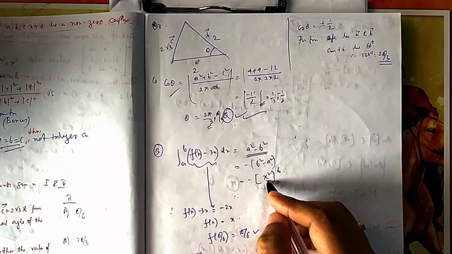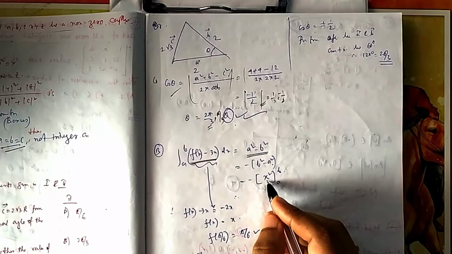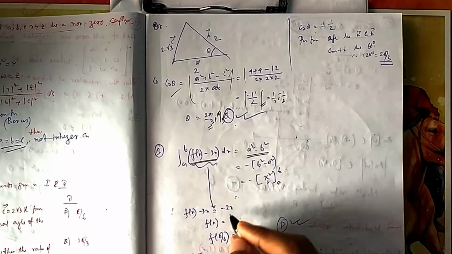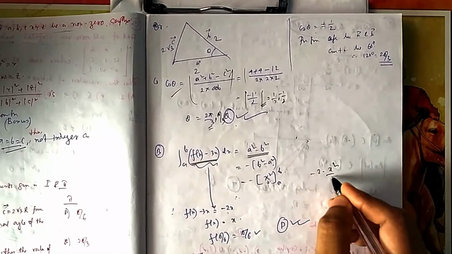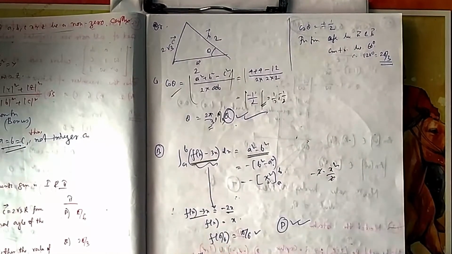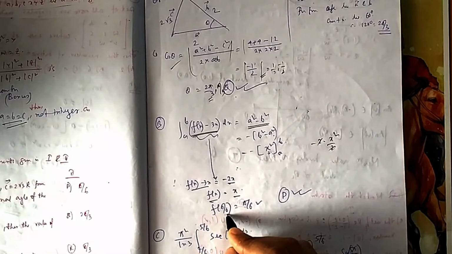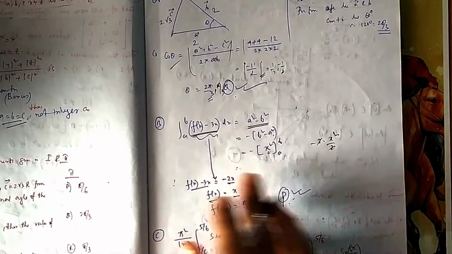So if it is your original function, then which integration is this one, minus x square. The integration of minus 2x. If you take the integration of minus 2x, then it will be minus 2x, x square by 2. So then the minus x square will come. That means your original function was this. That means your f(x) is this. That means if you put pi by 6 instead of x, your answer will be pi by 6. That is your option P. D will be connected to P.